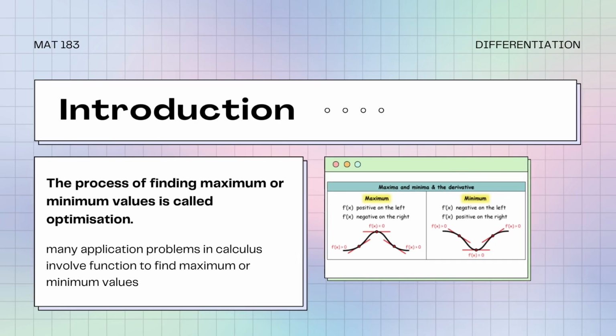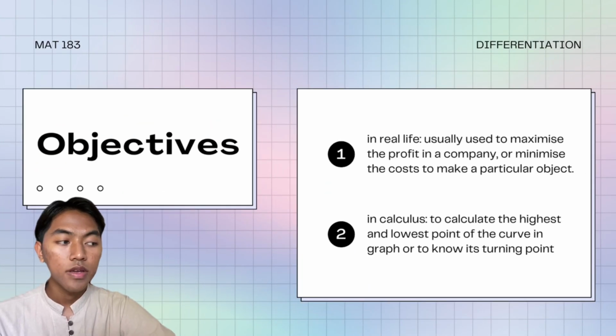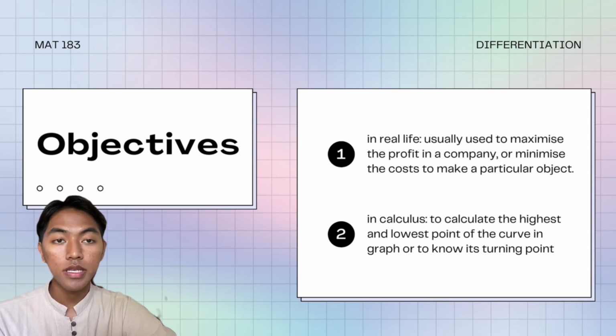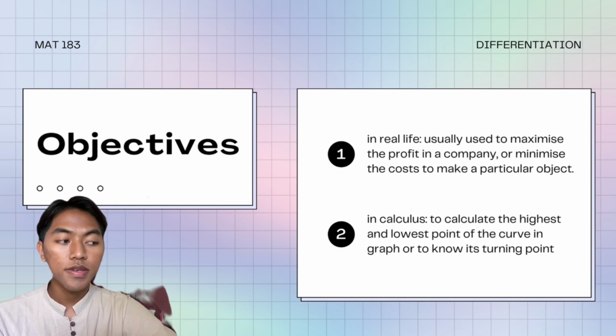In real life, we usually use it to maximize the profit in a company or minimize the cost of making a particular object. While in calculus, we use applied maximum and minimum problems to calculate the highest and lowest point of the curve in the graph or to know its turning point.